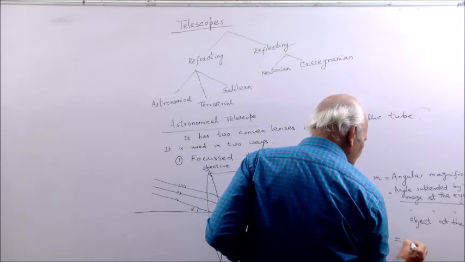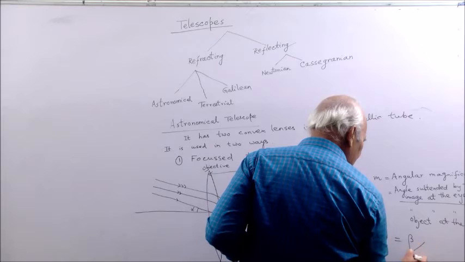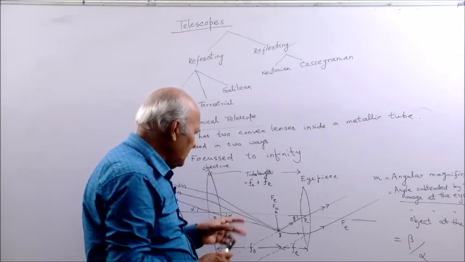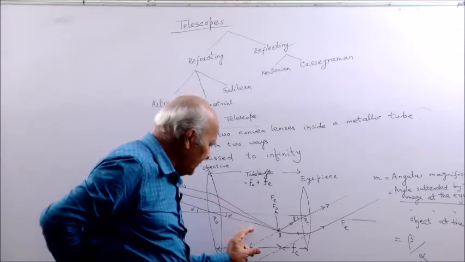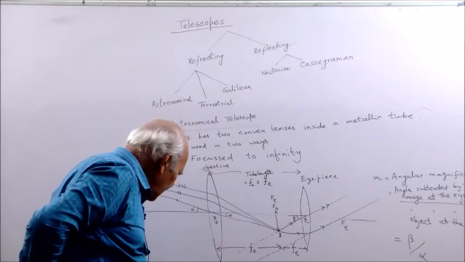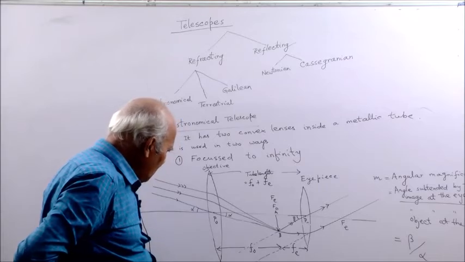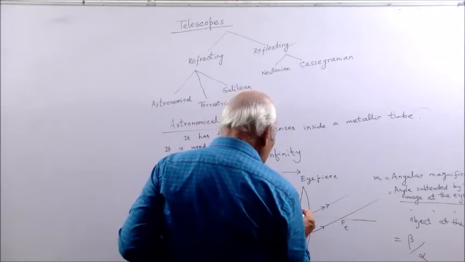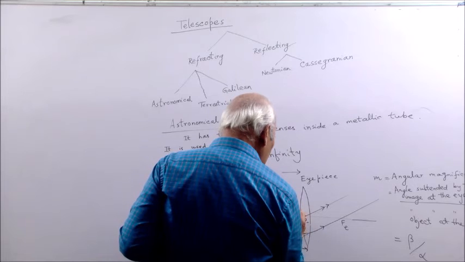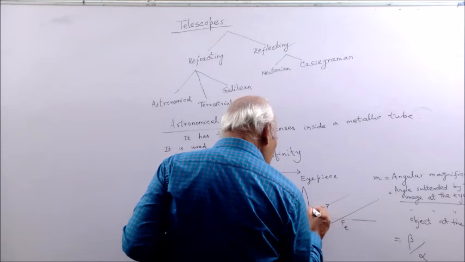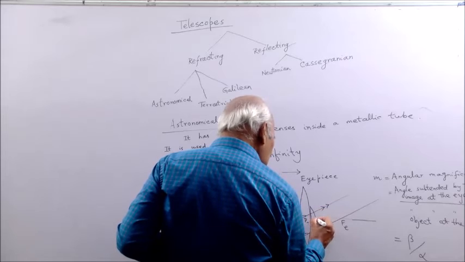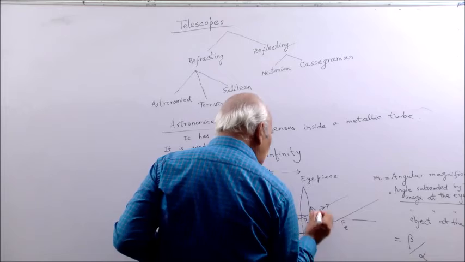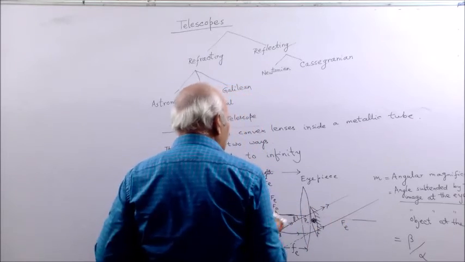You see from the diagram that it is nearly equal to beta by alpha, because the final image is at infinity, very large, but it makes an angle beta with the eyepiece, and the eye of the observer is close to that eyepiece. So, it is beta.